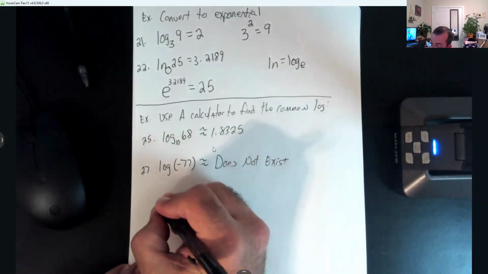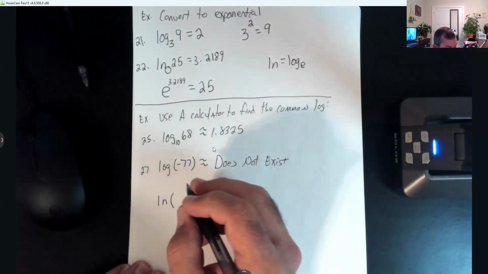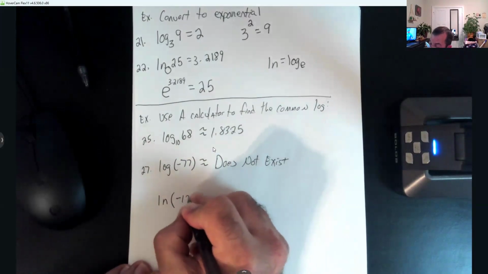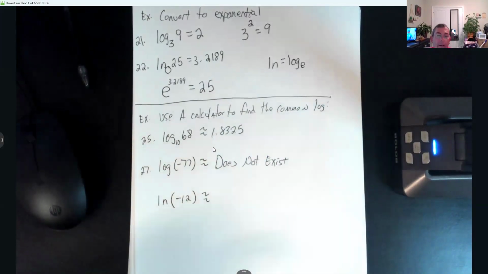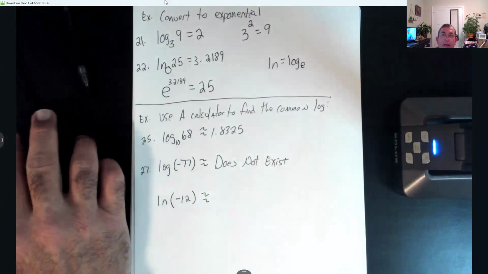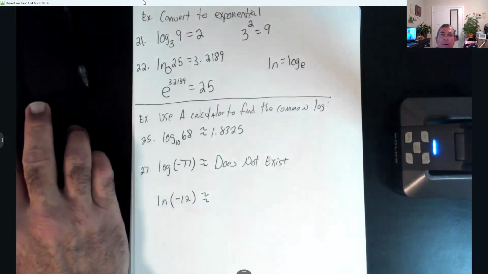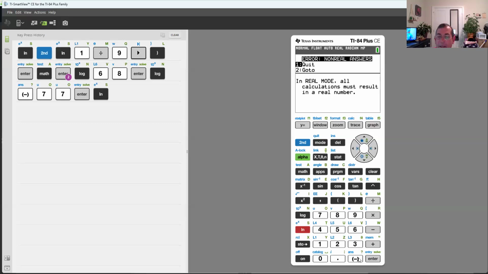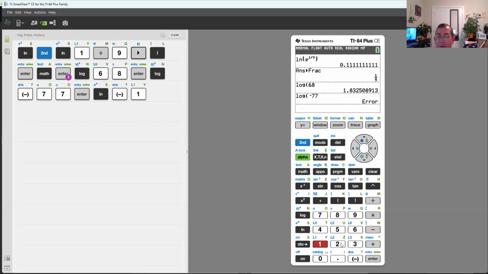And y'all, that works for LNs too. If you try to do the LN of a negative 12, well, y'all push the LN in on front of your calculator. So here's my LN. If I do negative 12, whoops, I didn't do my LN.